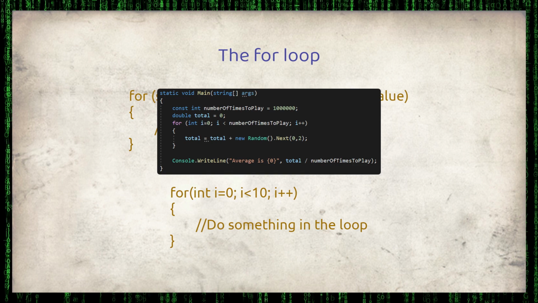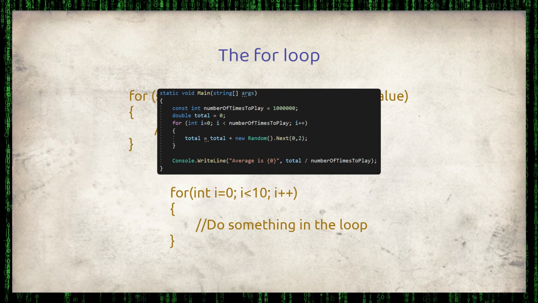So in this case we're looking at basically a coin toss, so it's a 0 and a 1, and the heads and tails, or zeros and ones, should basically be the same. So if you run this little program, you'll always find that your answer here at the bottom, where I say console write line average, is total divided by number of times to play, which is how you calculate an average.